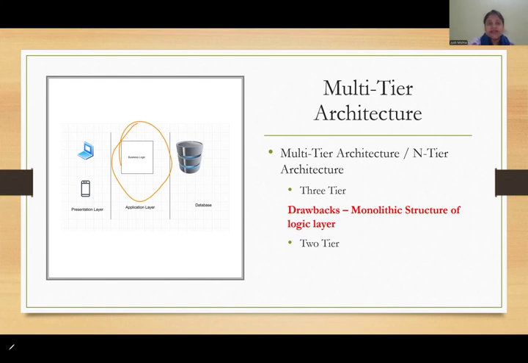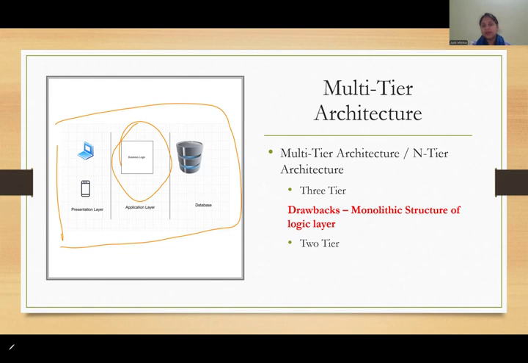It's not that this architecture pattern is not useful. It is useful when your user base is small, when your application is small. At that time going for three-tier architecture is a good approach, when you know your application layer is not going to evolve so much.